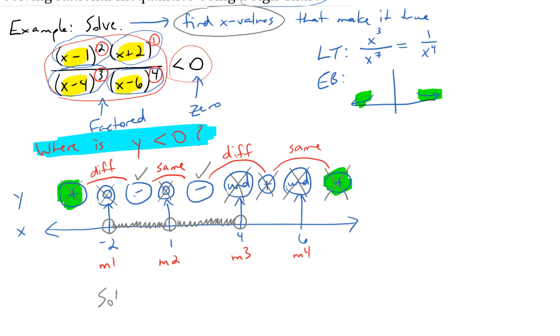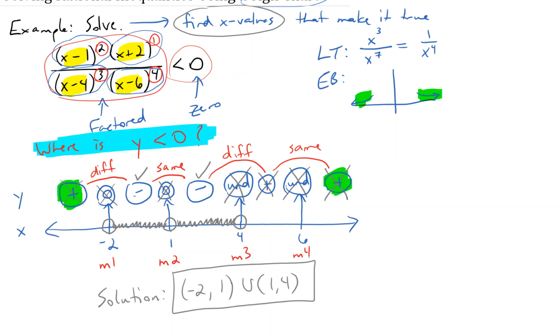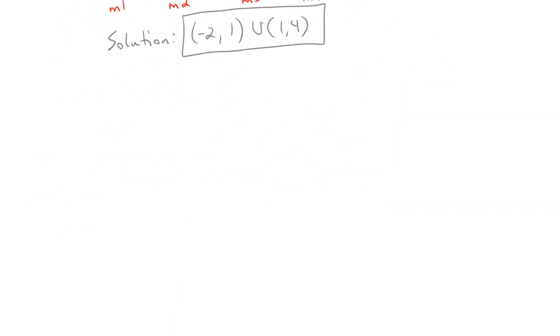So the solution to the inequality, we might write in interval notation, negative 2 to 1, union 1 to 4. So all the x values in those 2 intervals make this inequality true. x values that aren't in those 2 intervals don't make that inequality true. Okay? Let's try another example.